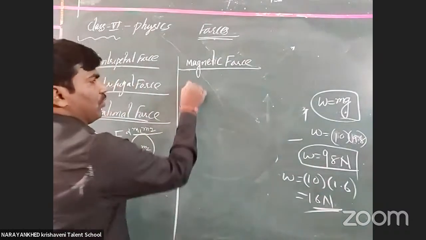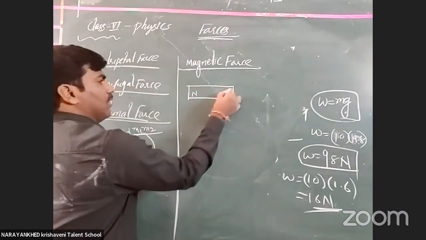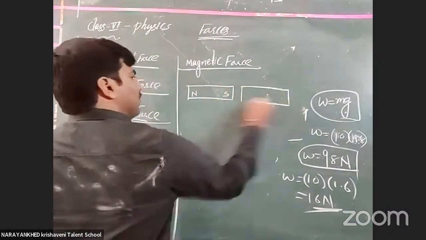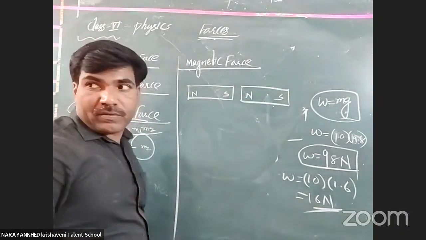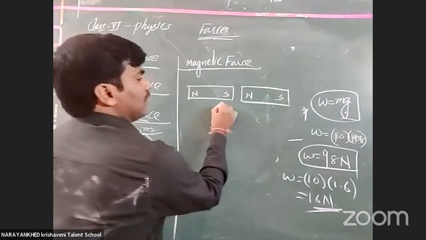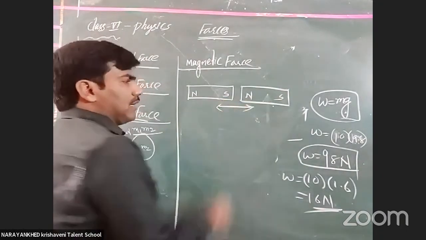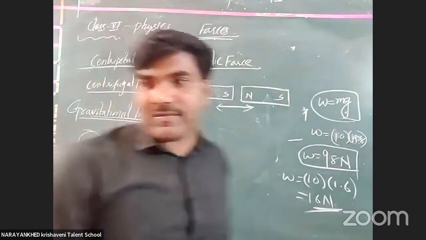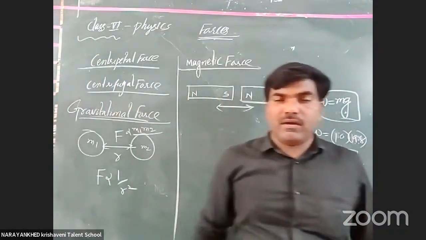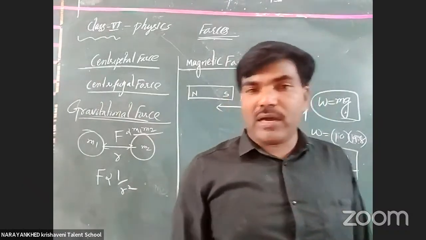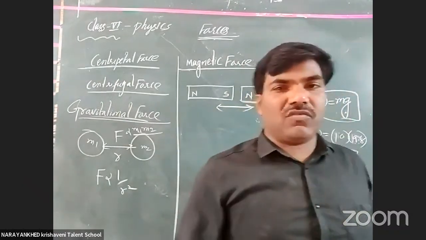Suppose you take the north and south poles here. This is also the north pole, and this is the south pole we are considering. Got it or not? The north and south poles are attracted to one another. You already discussed this in your lesson Playing with Magnets.